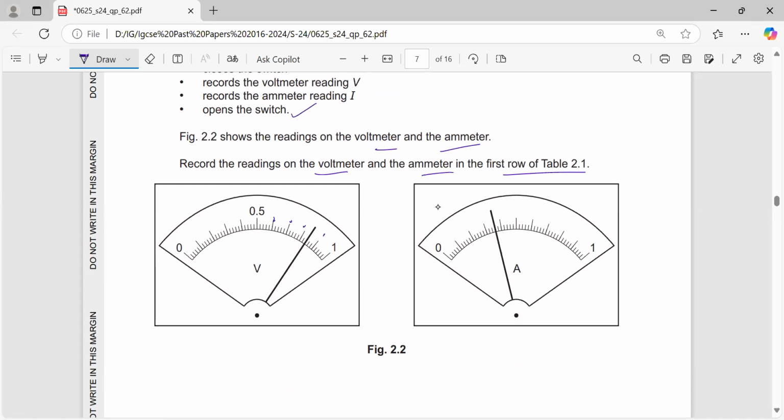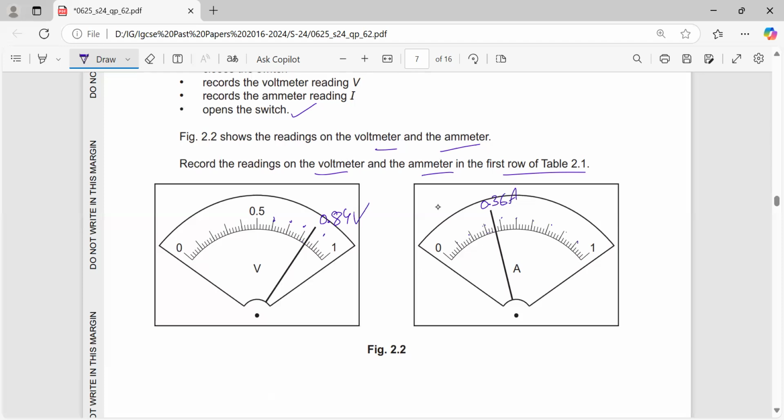So this is 0.8, 0.82, 0.84 volts. Current: 0.1, 0.2, 0.3, this is 0.4. So 0.32, 0.34, and this is 0.36 amperes.